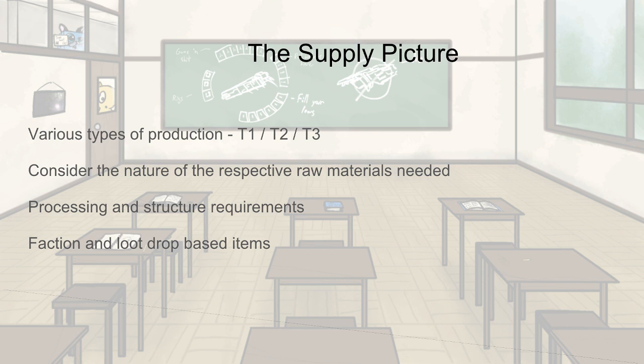All right, next thing would be consider the nature of the respective raw materials needed. So this kind of goes back to different types of production. If you can have a good idea of the things that happen to those raw materials that affect its price, all right. So minerals, where do the minerals come from? They come from ores.